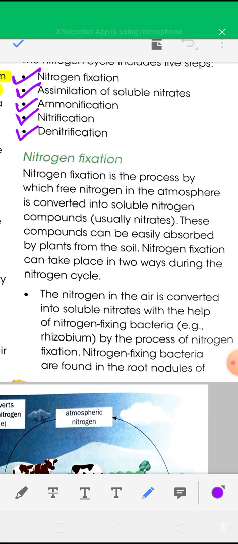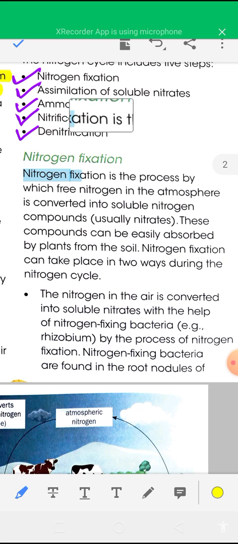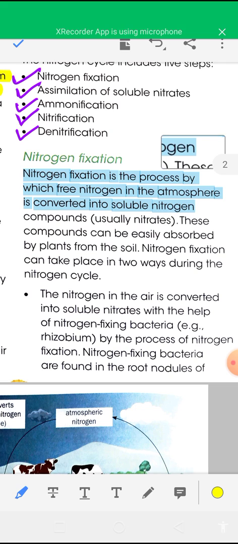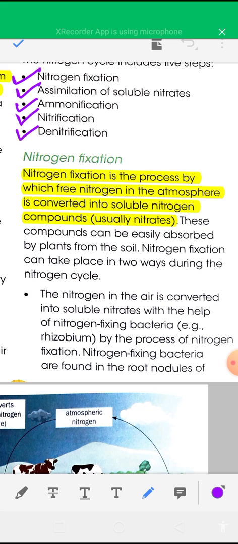Nitrogen fixation is the process by which free nitrogen in the atmosphere is converted into soluble nitrogen compounds, that is, nitrates. Nitrogen is converted into nitrates, and these nitrate compounds can be easily absorbed by plants from the soil.